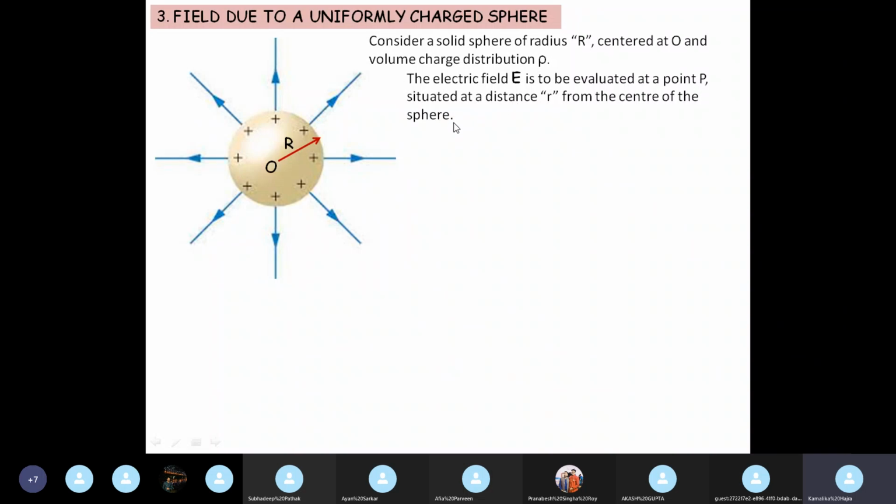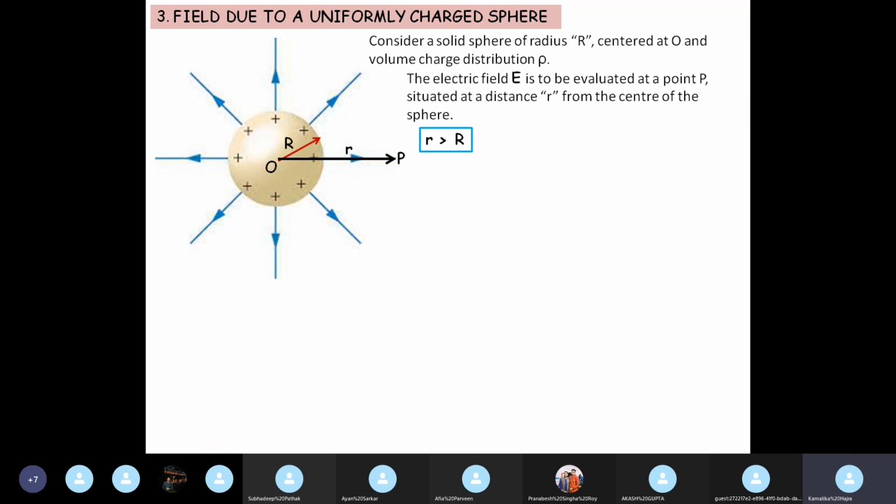Now the solution begins. We have to find the electric field E at a point P which is at a distance r from the center of the sphere. Let us first consider that r is greater than capital R. In the problem it is nowhere written whether small r is greater than, equal to, or less than capital R. So if this general statement is given, then you have to consider all the cases.